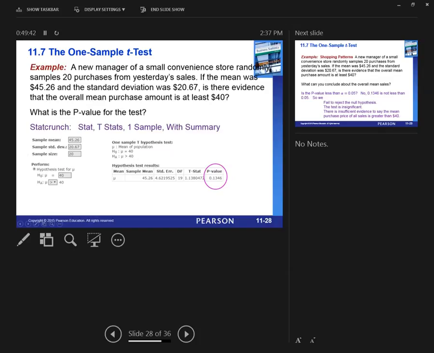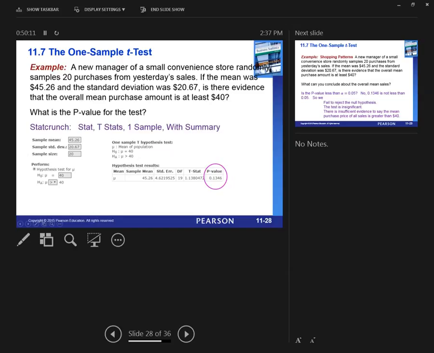It's very easy. I go to StatCrunch, click Stat, T-Stats again, like we did with the confidence interval. One sample with summary, because I have the summary statistics. I put in the sample mean, $45.26, the sample standard deviation, $20.67, and the sample size of 20.